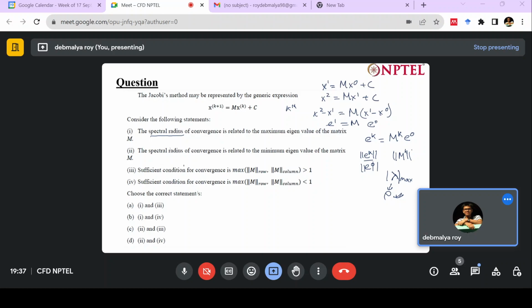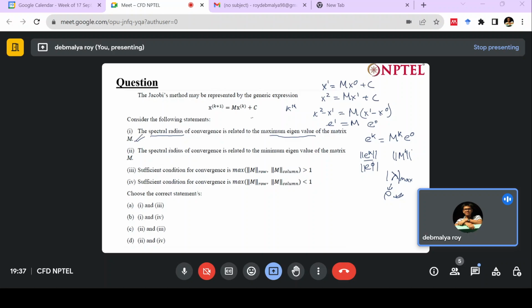So the spectral radius, the convergence, is related to the maximum eigenvalue of the matrix. This is true. The spectral radius is related to the maximum eigenvalue of a matrix. And which matrix? In this case, it will depend on the M matrix. Note, it is not dependent on the A matrix.